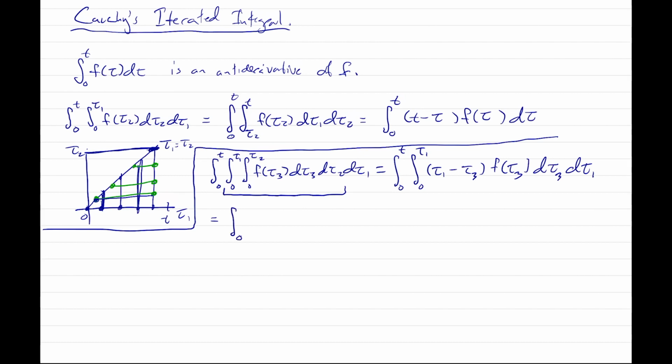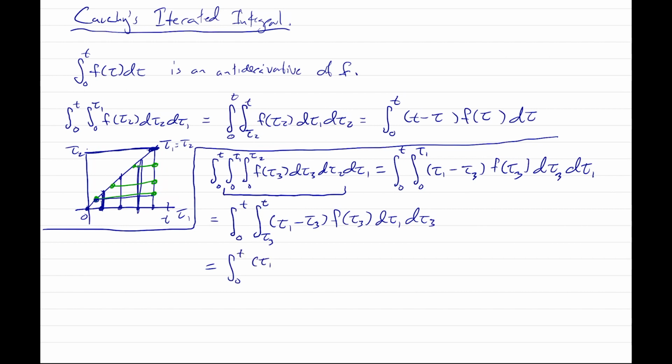I get the integral from 0 to t, integral from tau 3 to t rather, of tau 1 minus tau 3, f of tau 3, d tau 1, d tau 3. Now here we actually have a term that depends on tau 1. But it's just a polynomial, and since f is still constant with respect to tau 1, that can still be pulled out. So we get the integral from 0 to t.